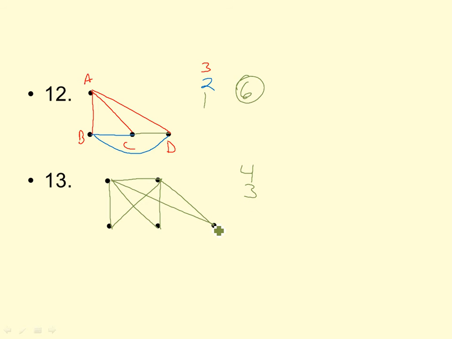This one we have to connect to the other 2. So 1, 2. And then we still gotta connect this one to this one. So that's 1 more. So that's 10.